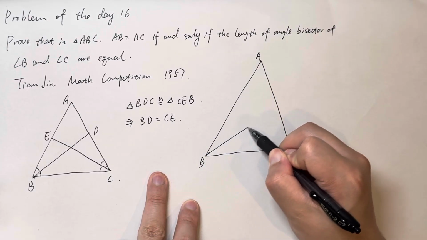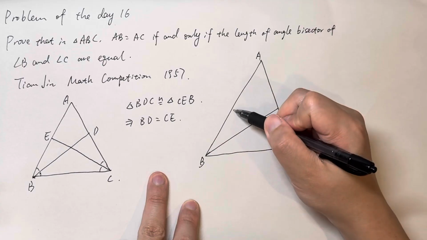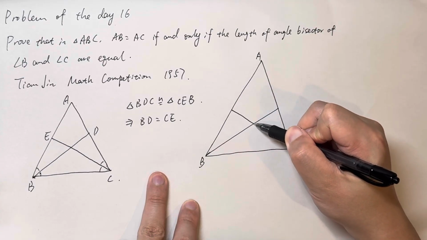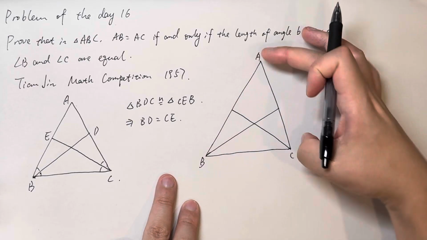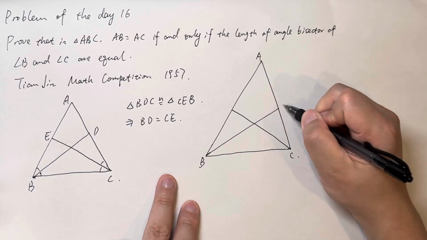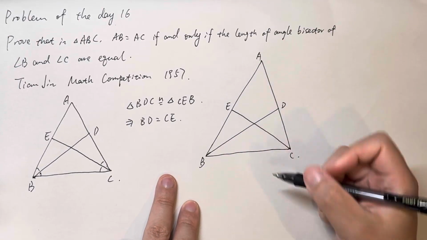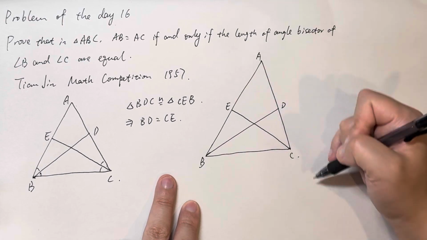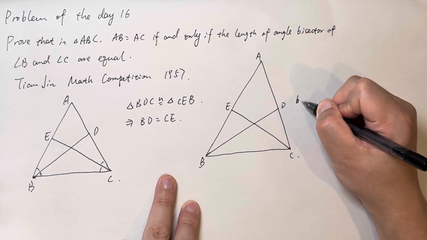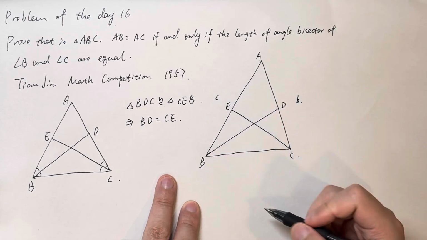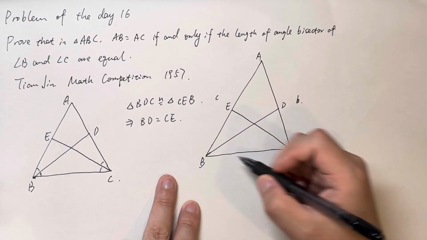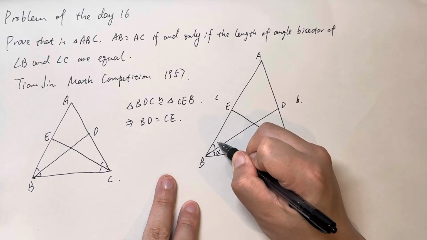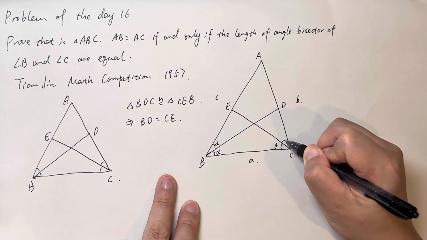the angle bisector of angle B and the angle bisector of angle C are equal, can we prove that AB equals AC? So this is BD and this is CE. We can set AC as b, AB as c, and BC as a. So we can set this angle as alpha here, and this one as beta.